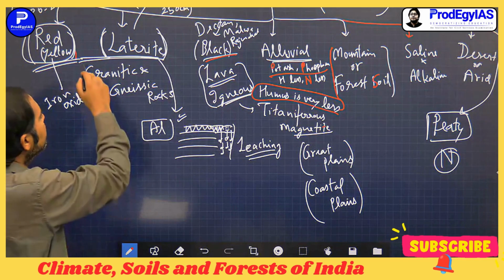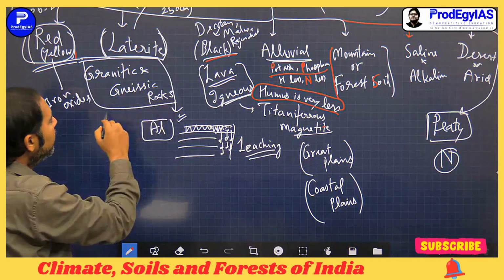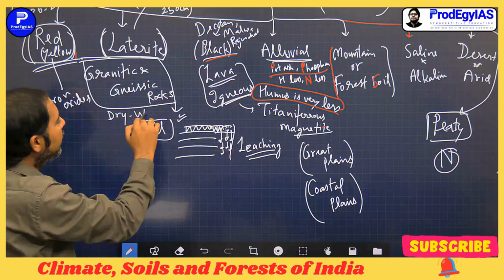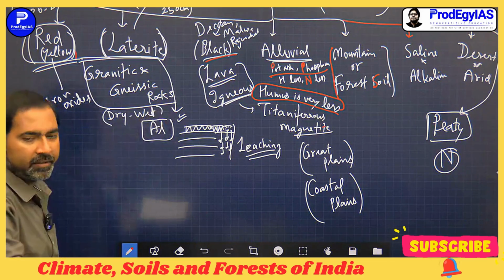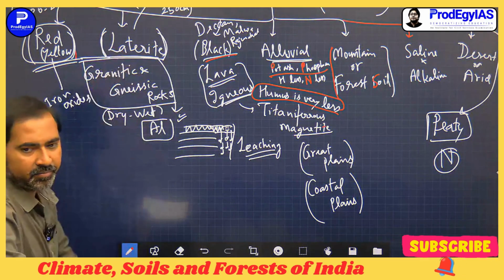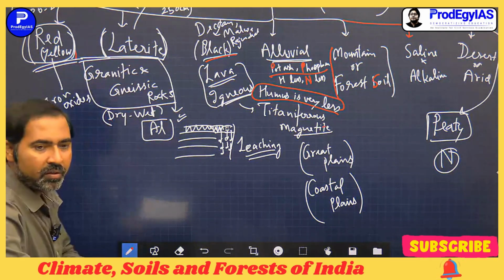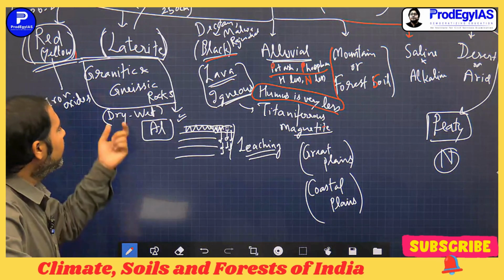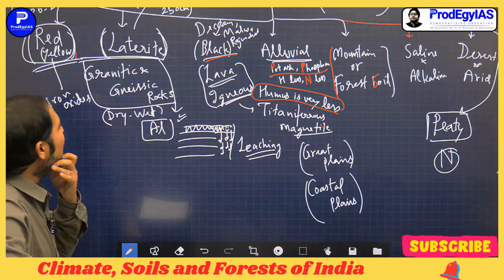It has a development under alternate dry and wet conditions. It needs alternate dry and wet conditions for its development. Laterite, write this down also. For development of lateritic type of soil, alternate dry and wet conditions are needed.